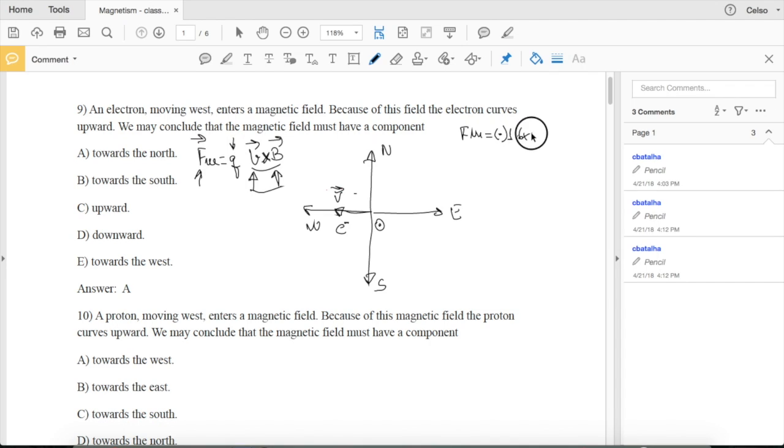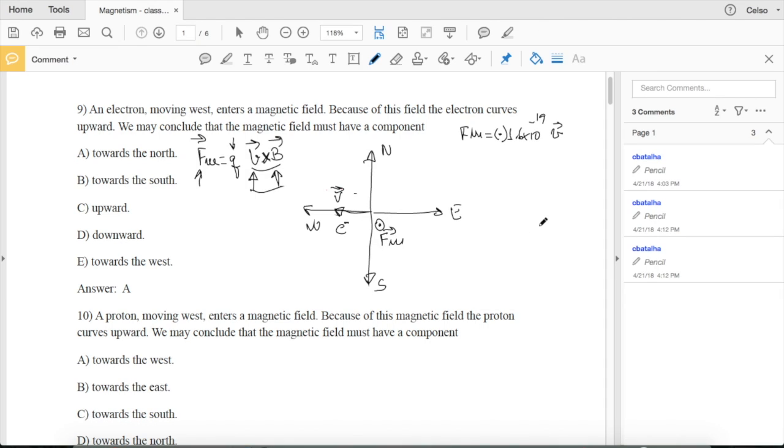Don't forget this negative is very important. Because of this field, the electron curves upward, which means the magnetic force goes towards you.